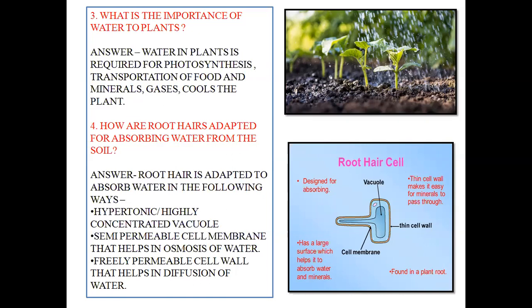This is how water moves from one cell to another cell, and also the root hair cell, by increasing the surface area, can trap even a little amount of water that is available for the plant.